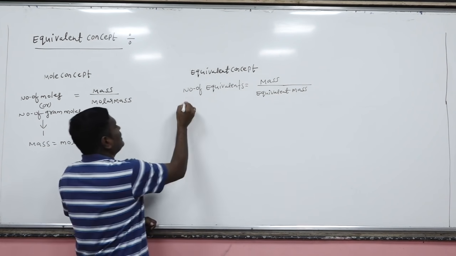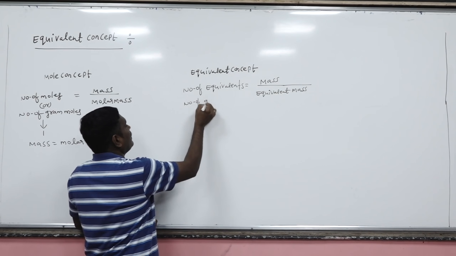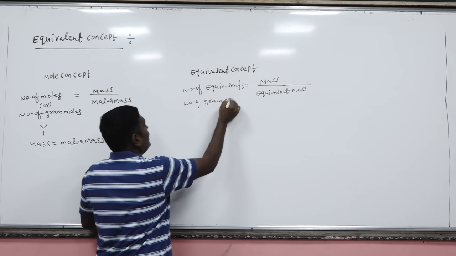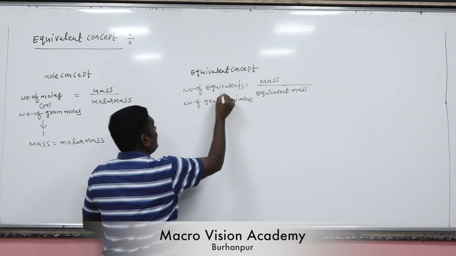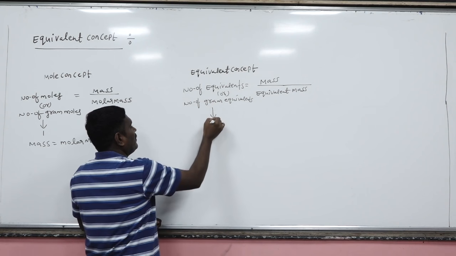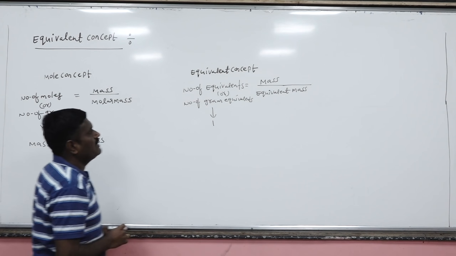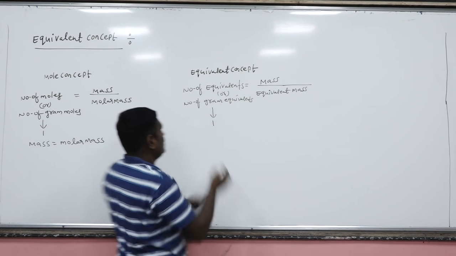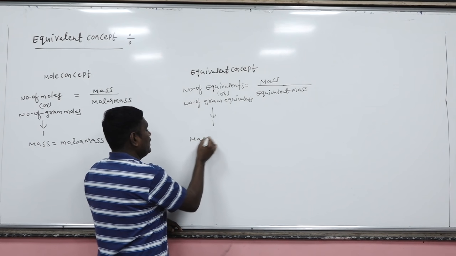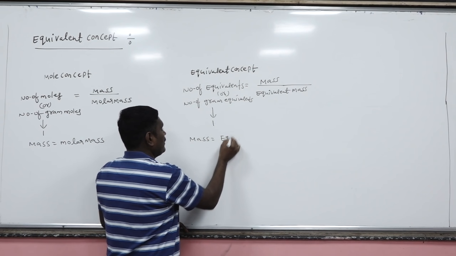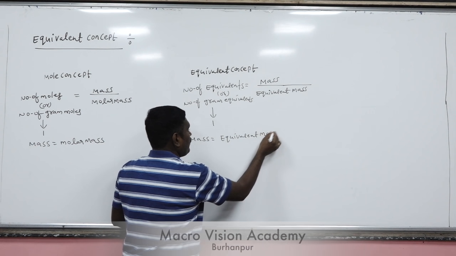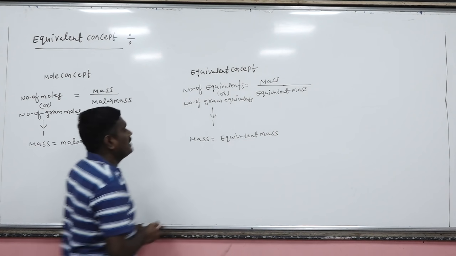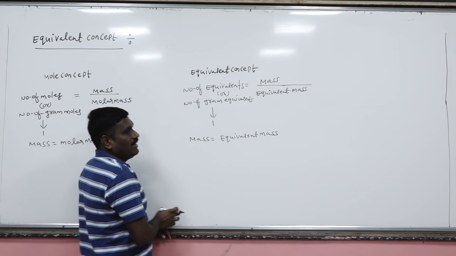It is also known as a number of gram equivalents. Let's suppose number of equivalents is 1. Then what is the relation between the mass and equivalent mass? Mass of a substance will be equal to equivalent mass. This is the one equivalent.